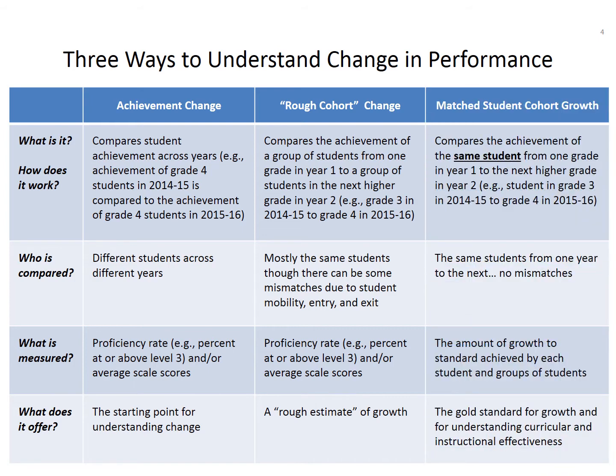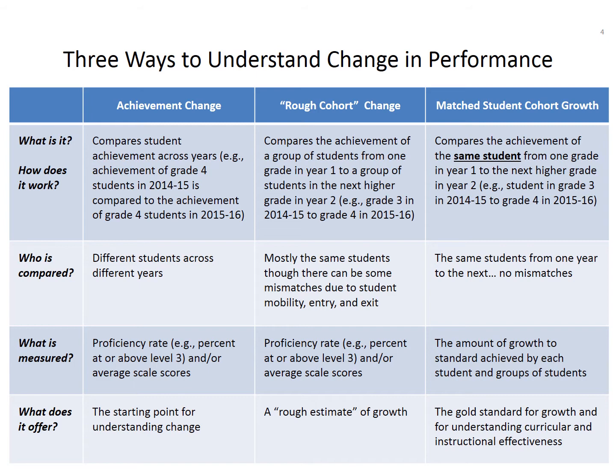The last approach presented here, the matched student cohort growth, compares the achievement of the same student from one grade in year 1 to the next higher grade in year 2. This is generally considered as the gold standard for growth, because there are no mismatched students.